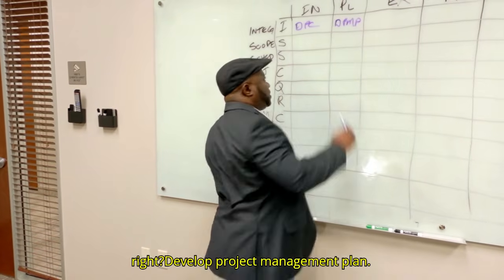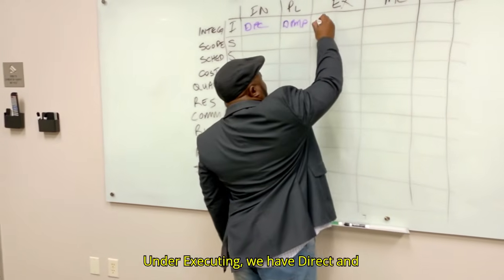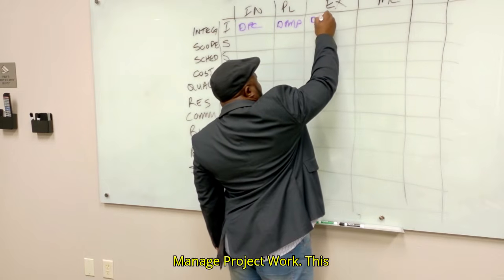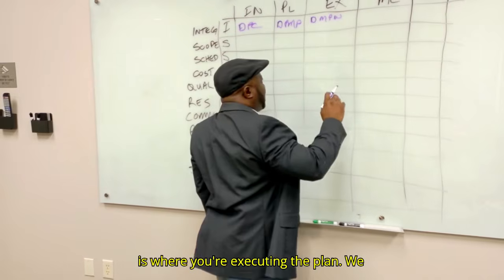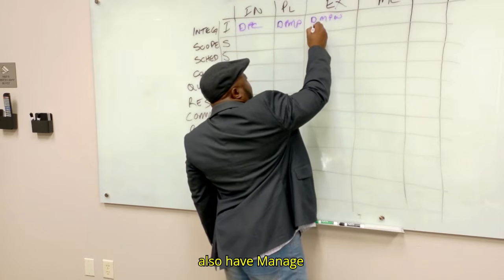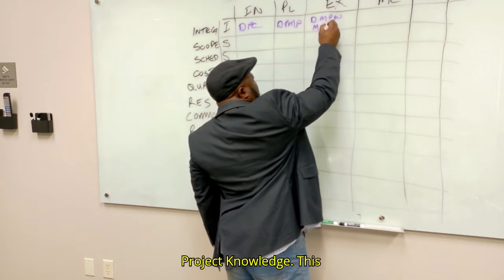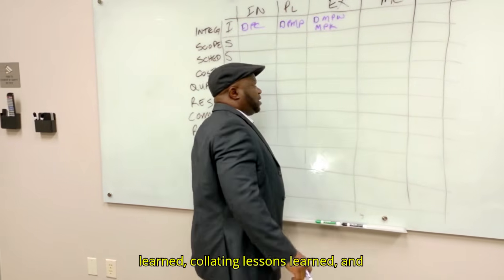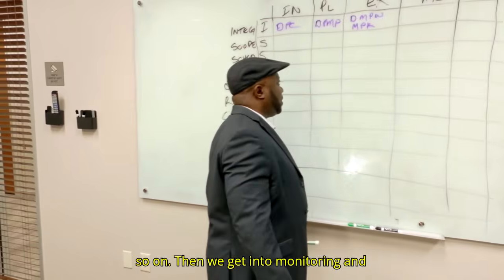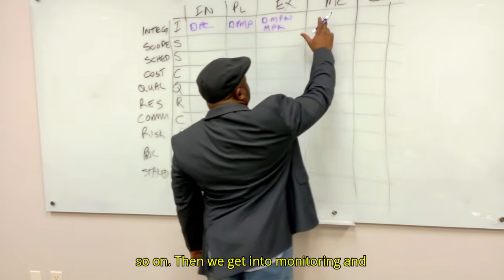So this is the authority, this is the plan, right? Develop project management plan. Under executing, we have direct and manage project work. This is where you're executing the plan. We also have manage project knowledge. This is where you are creating lessons learned, collating lessons learned, and so on. Then we get into monitoring and controlling.